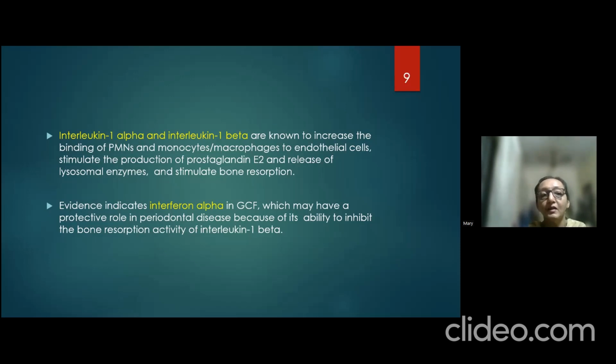These interleukins are known to increase the binding of polymorphonuclear neutrophils and monocytes and macrophages to endothelial cells and stimulate the production of prostaglandin E2. Also the GCF contains interferon alpha, which has the ability to inhibit the bone resorption activity of interleukin 1 beta.